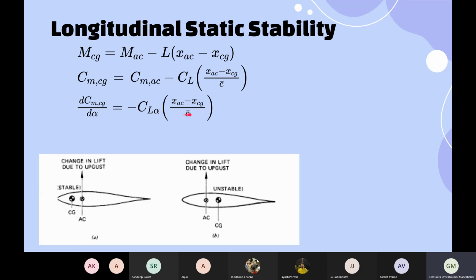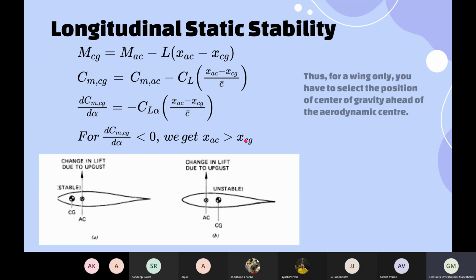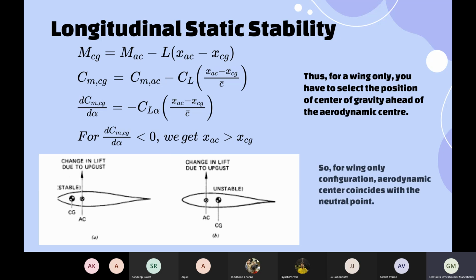From that we get this inequality, that the position of the aerodynamic center should be behind the center of gravity, which is exactly written in this line. For this wing only configuration, you have to select a position of the center of gravity ahead of the aerodynamic center. Now, the neutral point for a wing only configuration.